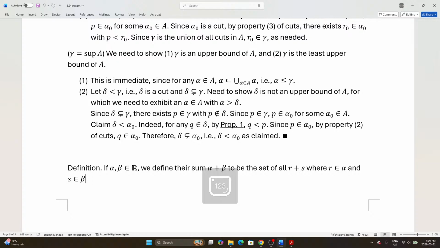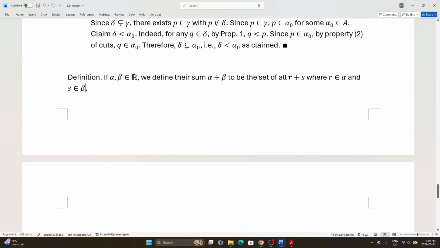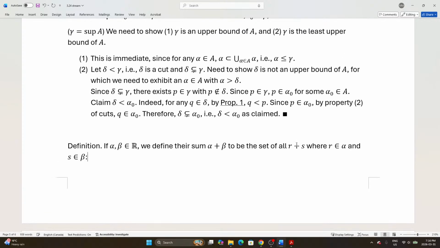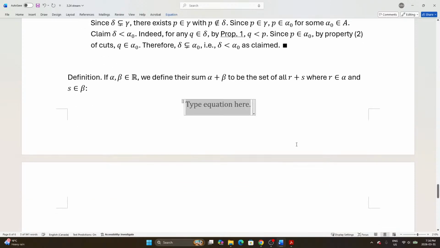So we just define the addition in the usual way. That is to say, in set notation, alpha plus beta equals the set of R plus S such that R is in alpha and S is in beta. That's the definition of addition.